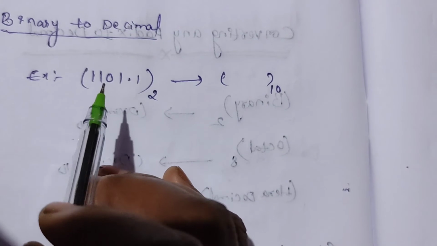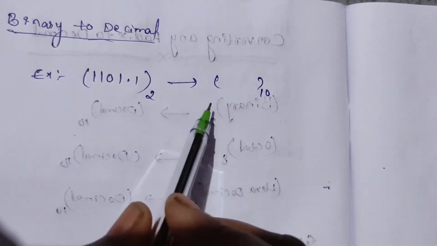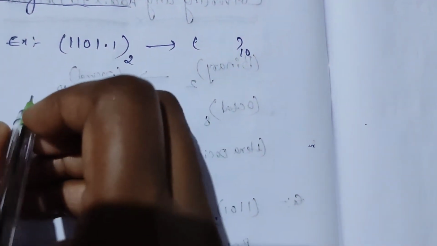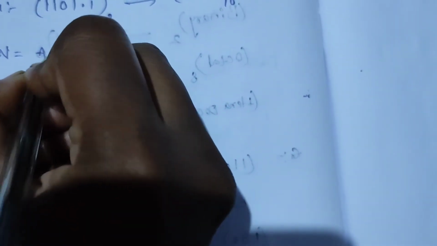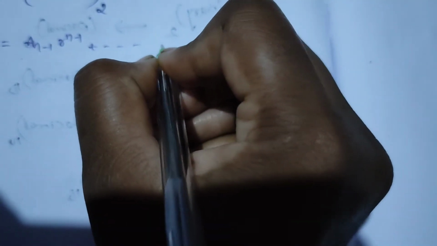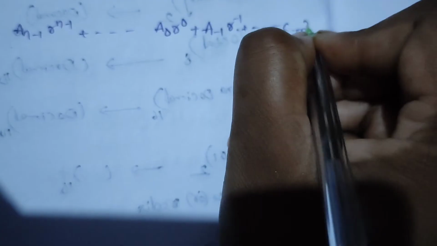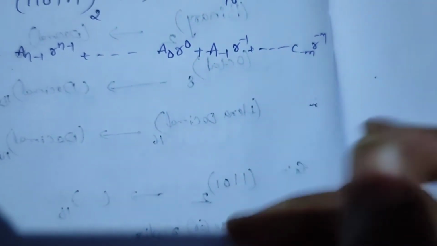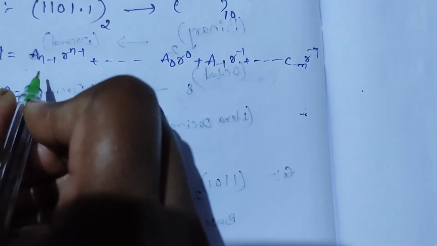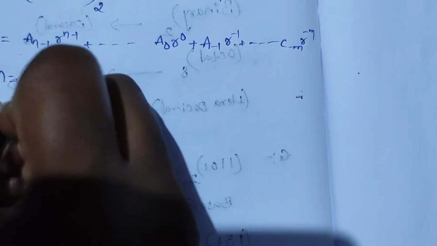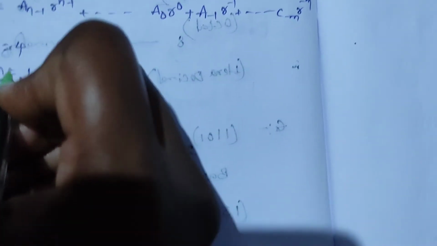Let us take a binary example with a fraction part. 1101.1, it is to be converted to decimal using the formula of any radix to decimal conversion as mentioned before. I am writing here. n is equal to the number of digits in the integer part, that is n is equal to 4 and m is equal to 1. Only 1 is there in the fractional part.